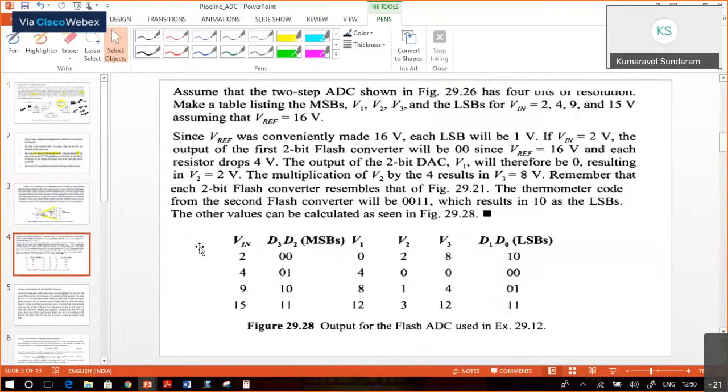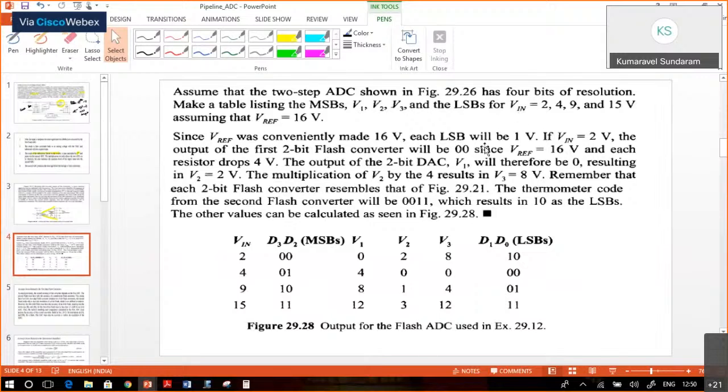You can also see one problem. For 4 bits of resolution, make a table listing the MSBs V1, V2, V3 and the LSBs for Vin of 2, 4, 9 and 15. Vref is 16 volts, which they have given, with 4 bits of resolution.